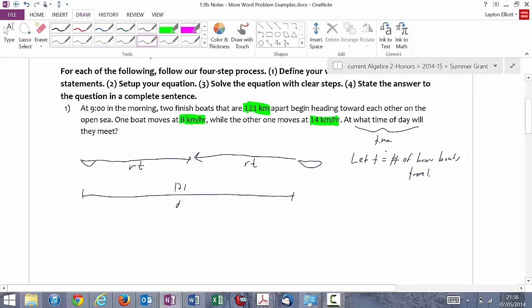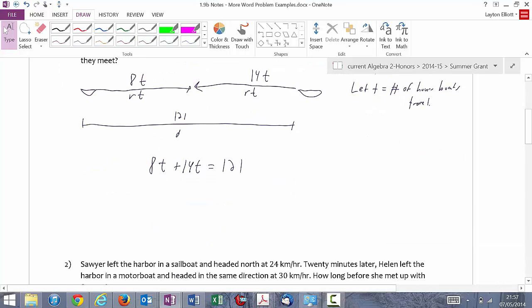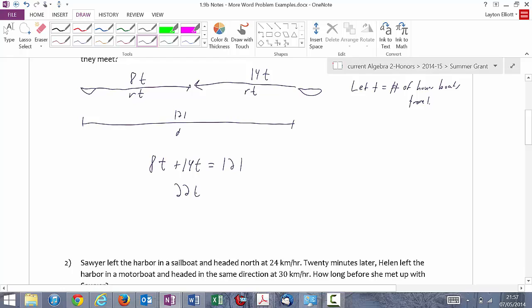So the first one would just be 8t, and the second one would be 14t. And 8t plus 14t would be equal to 121 for the 121 kilometers. Add these up and I have 22t is equal to 121.